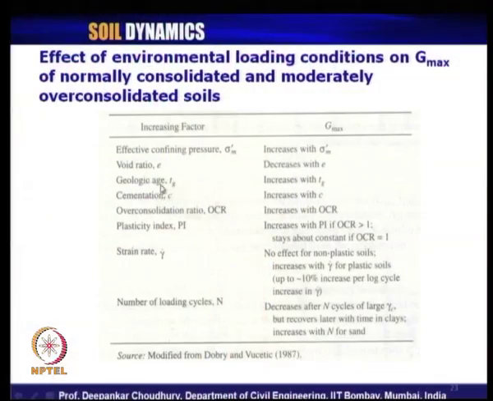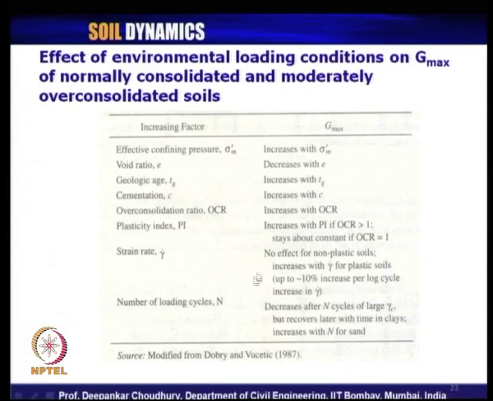With increase in geologic age, there will be increase in G max value, which we can also understand physically, that the older the soil, obviously the strength of the soil will be much more than the transported soil or filled up material.